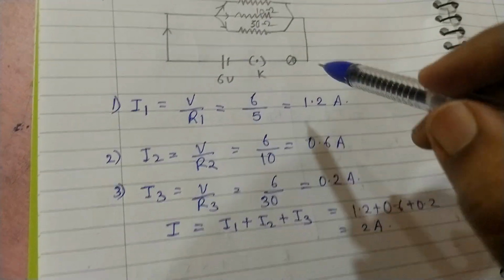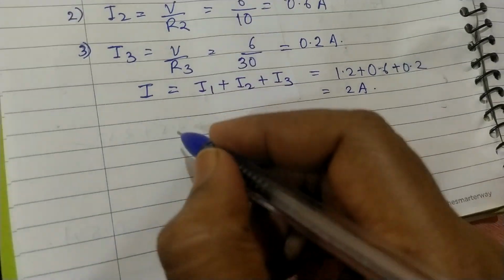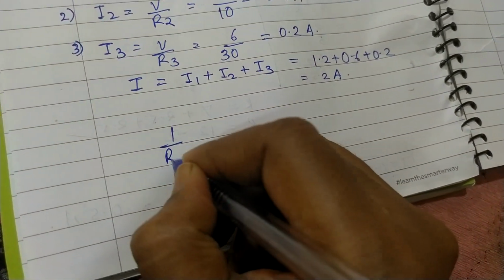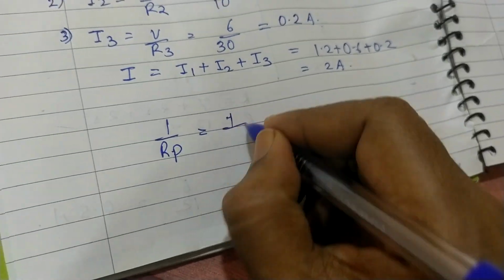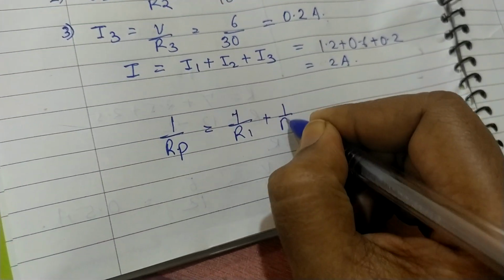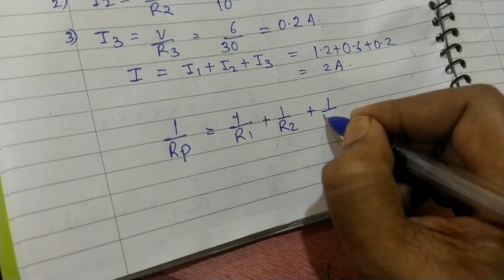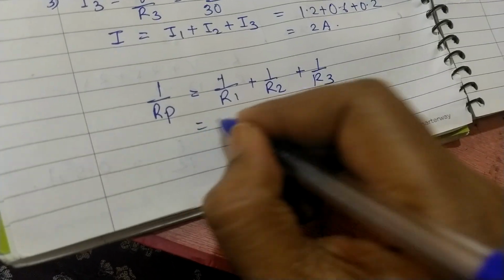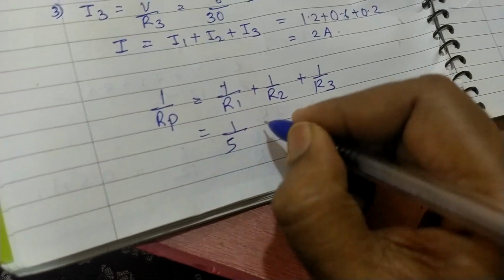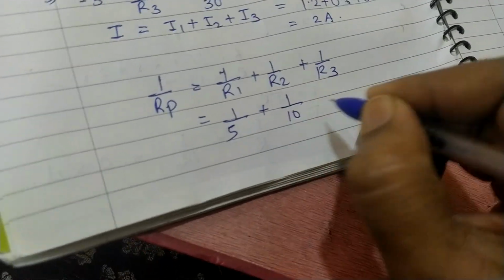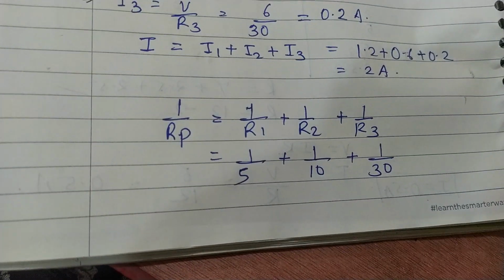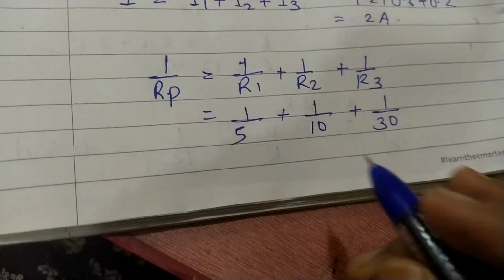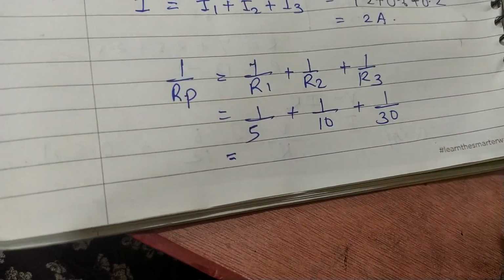Now total effective resistance, 1 upon Rp, because they are connected in parallel mode, is 1 upon R1 plus 1 upon R2 plus 1 upon R3, which is equal to 1 upon 5 plus 1 upon 10 plus 1 upon 30. Right, students?